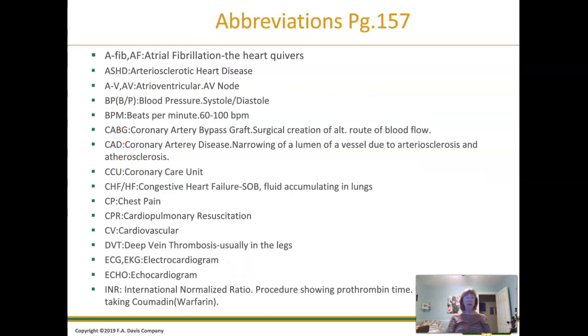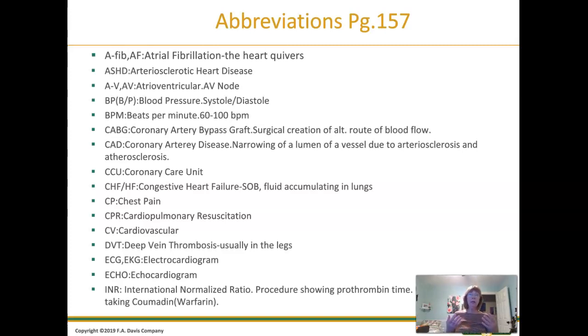We've got abbreviations. Now, this is where it's going to get a little tricky. Okay, so let's look at it. I gave some examples. AFib, and the other initial abbreviation is AF. Atrial fibrillation, that's where the atrium is quivering.